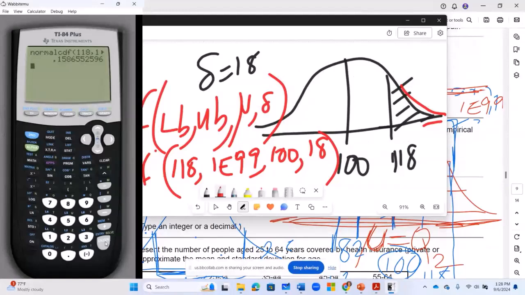If you're told to write your answer to 2 decimal places in percent, then it is 15.87%. If you're told to write your answer in decimal to the nearest 100, because MyLab Math asks this kind of question all the time, be careful.